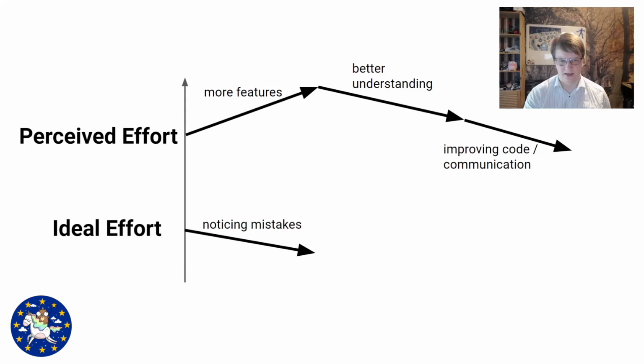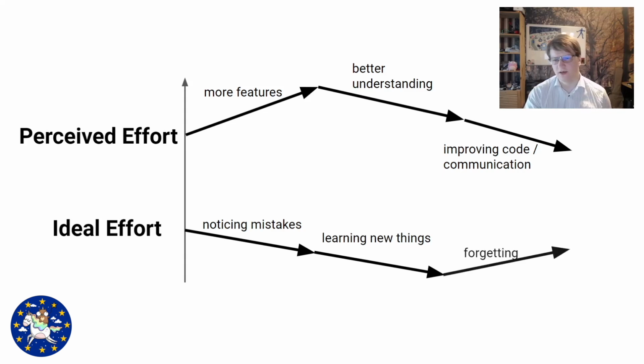So this ideal effort, or how much work we needed to do to make changes in the code base, goes down. Or if we learn new things, we also understand that, oh, I could have done that simple method better. Or if we forget how to do things, then of course this will go back up.